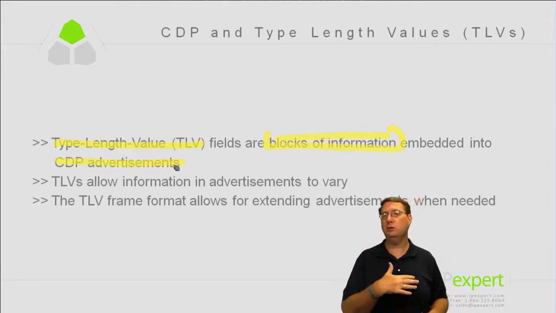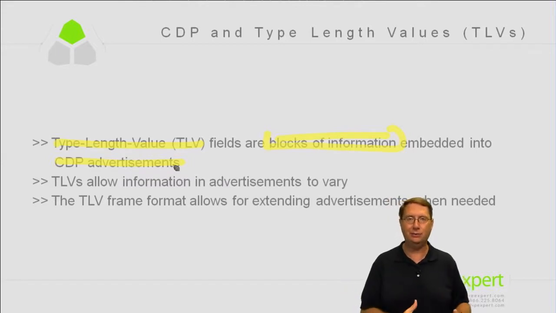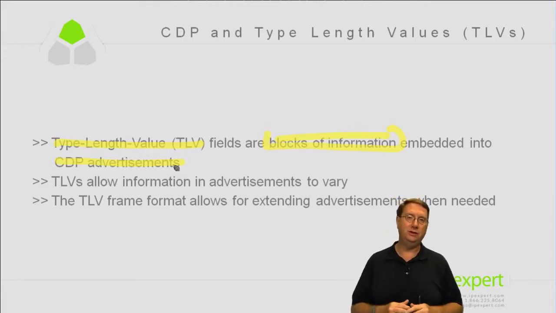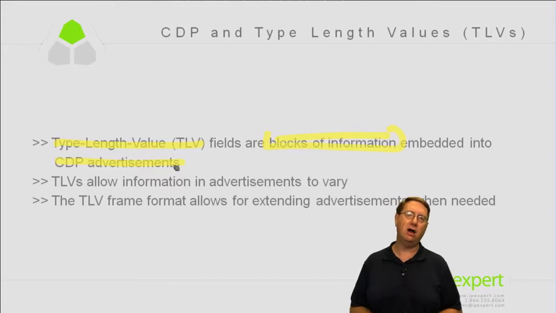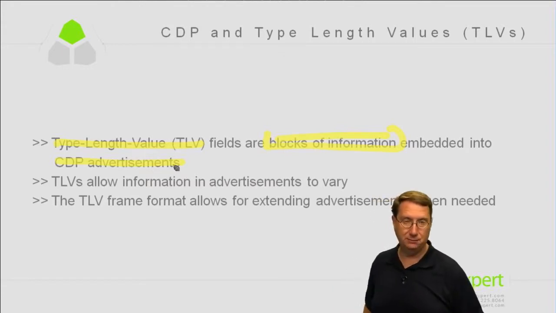So what we're going to find when we get into the demonstration of this is not only can we type a command like show CDP neighbors, where it's going to give us an individual listing of all of the connections that we have learned via CDP on a given device, we can even target it down to an individual interface. Remember, I mentioned previously that when it comes to Cisco switches, almost everything that we talk about is either going to be configured or driven on an interface by interface basis.